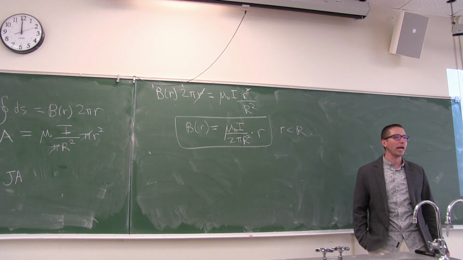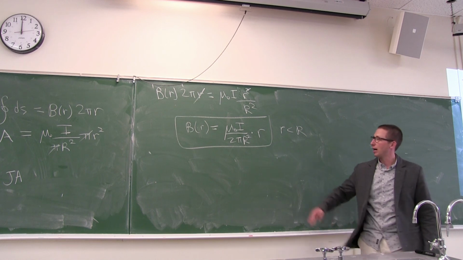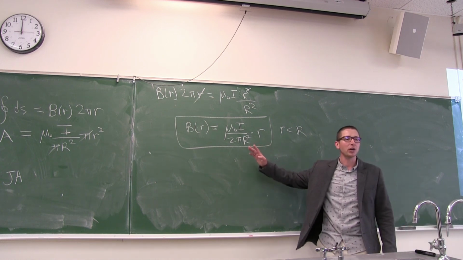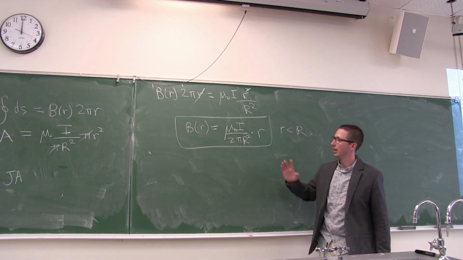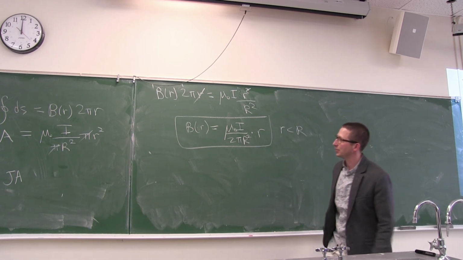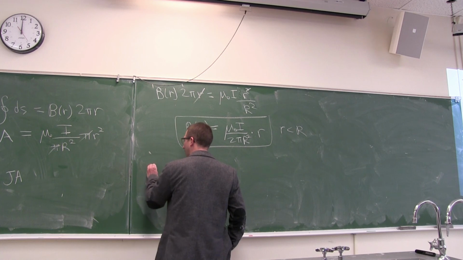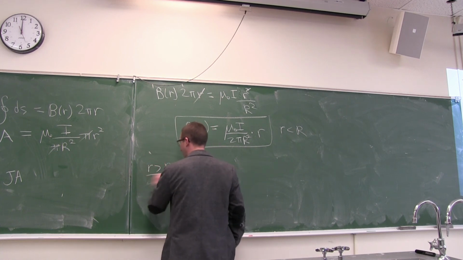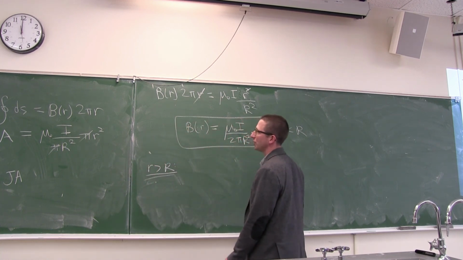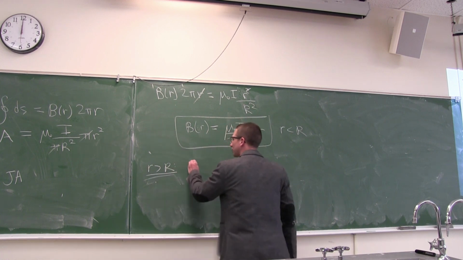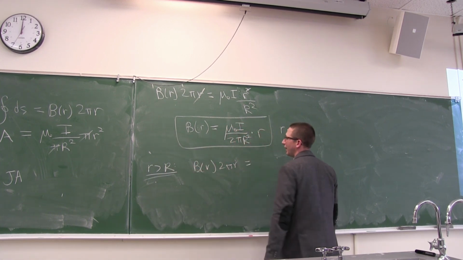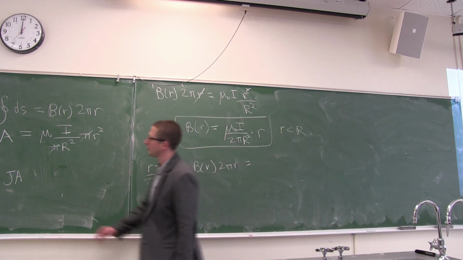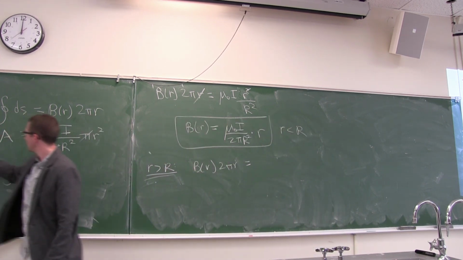What does the field look like when you're outside the wire? Well, it should look like what we already expect it to look like for a thin wire, mu naught I over 2 pi r. Let's see whether or not that does hold out here. So if little r is bigger than capital R, the line integral doesn't change, so I still have b of r 2 pi r. The only thing that changes is mu naught I enclosed. So J stays the same.